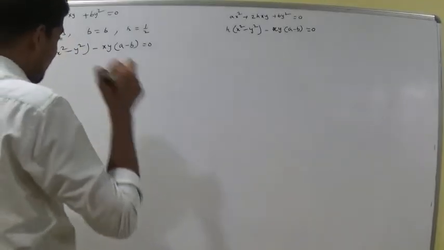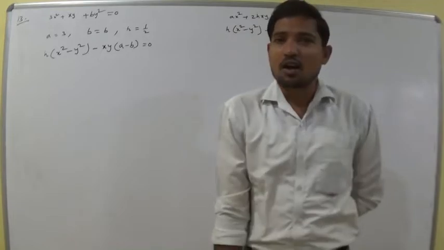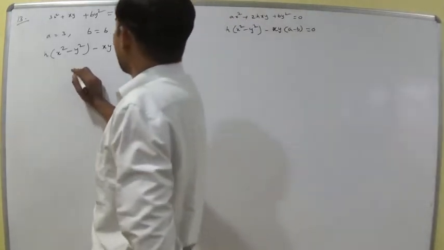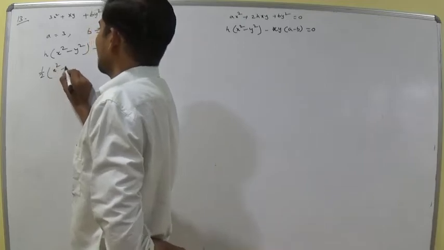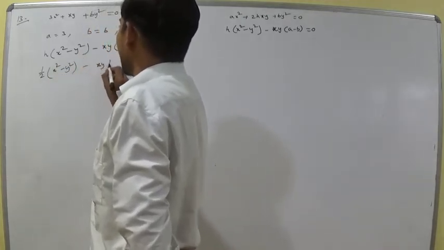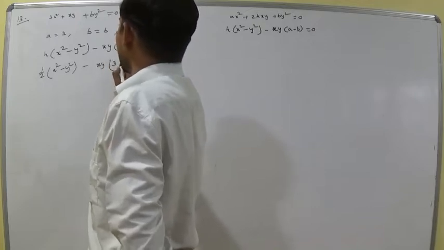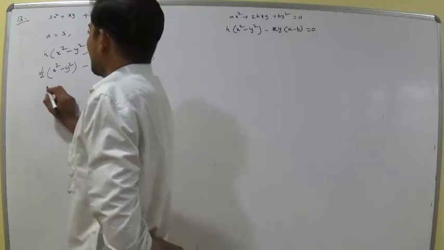Substitute the values here. What is a, what is b, and what is h? H equal to half, and x square minus y square minus xy into a is 3, b is b, equal to 0.